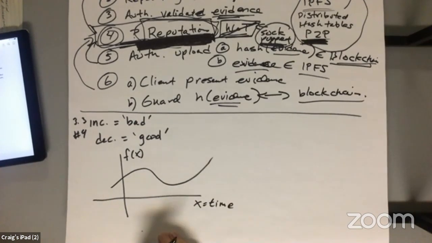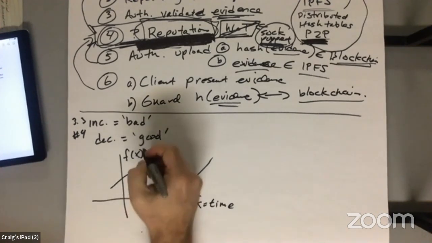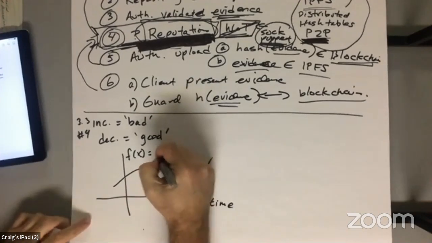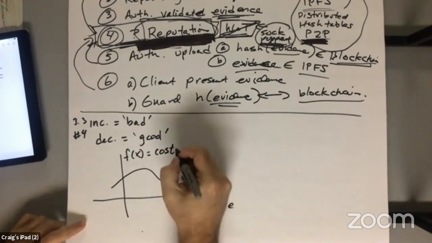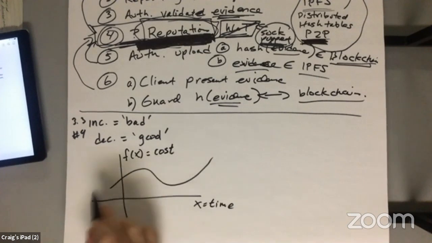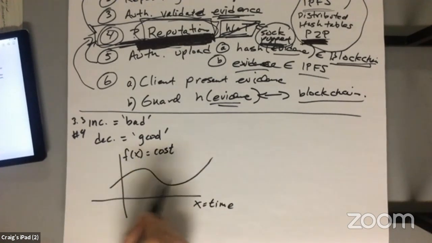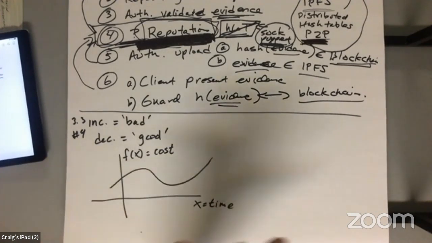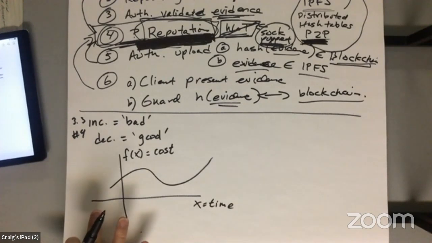I'll make this example. And the example will be how much a company uses for costs. Like how much does it, the costs of running a company change as time goes by. So that's how much expenditures a company is going to use as time goes by.